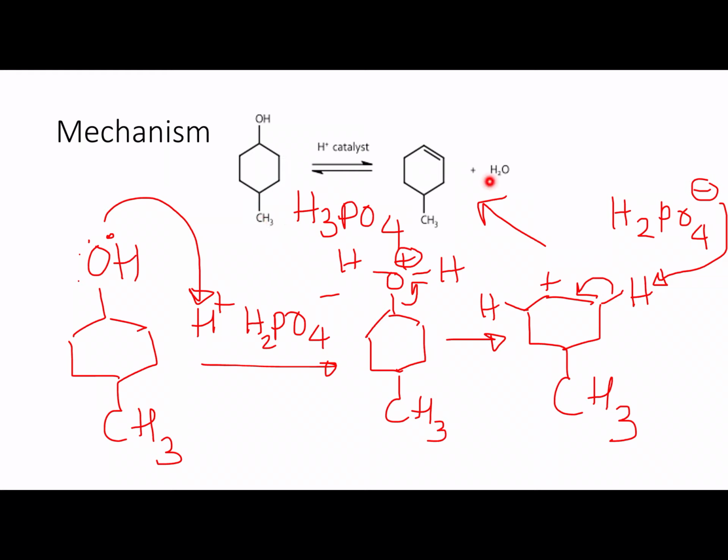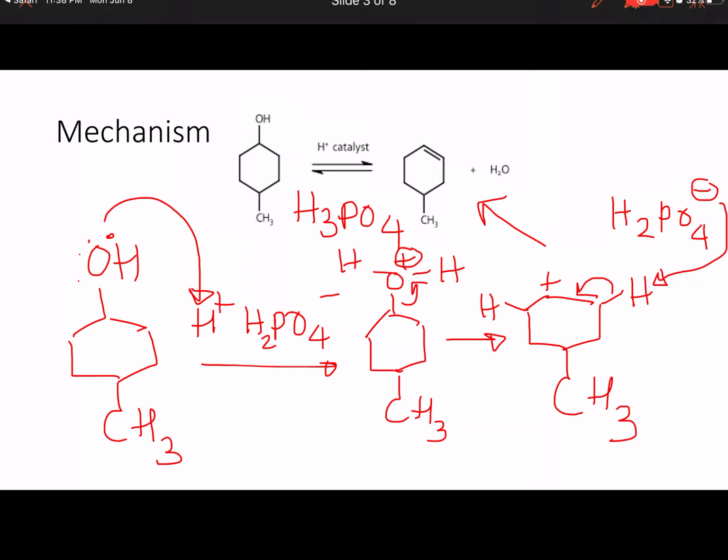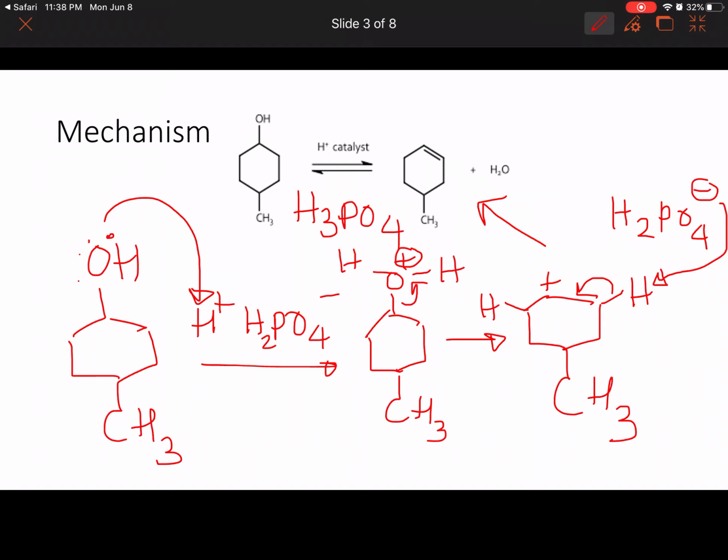Since water is a product, because we are generating water from this reaction, I forgot to write the water. You see, it's going to be water. So this water molecule falls off. If the reaction were attempted using a dilute acid instead of a concentrated acid, we can look up Le Chatelier's principle.